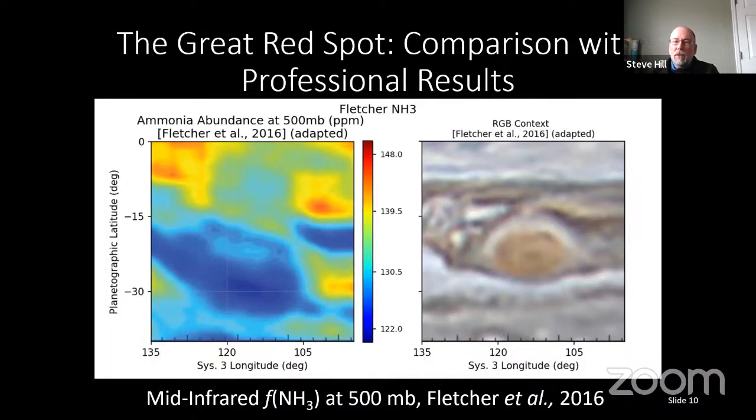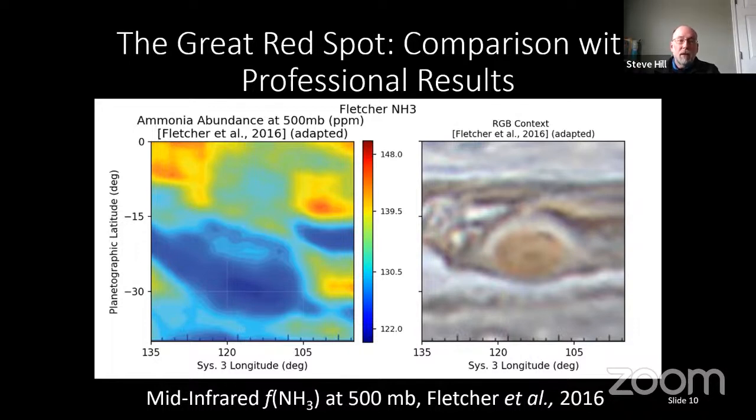Now we'll continue the comparison to professional work, but with 2-dimensional maps of ammonia. Here we look at the region of the Great Red Spot, which is well studied. The map on the left shows the ammonia abundance at 500 millibars as derived by mid-infrared observations made in 2014 and documented in Fletcher et al. 2016.